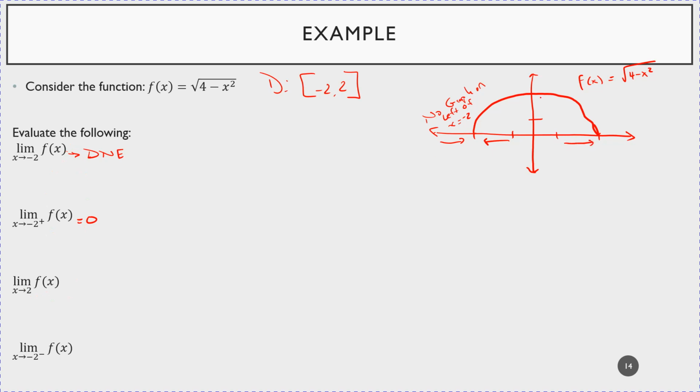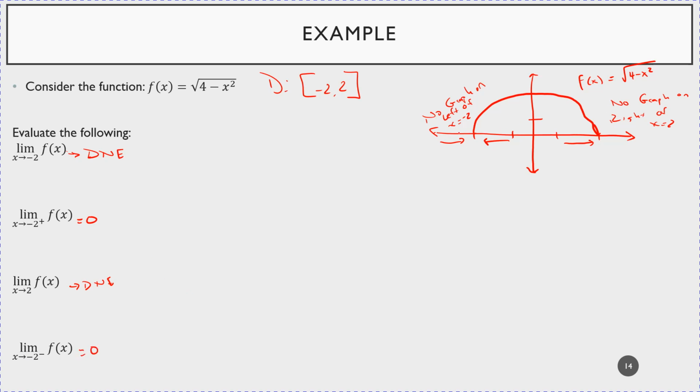You can see what's happening from below, but there's no graph to the right of x equals 2, so the general limit does not exist. But the one-sided limit from below, you can see it's going to 0.